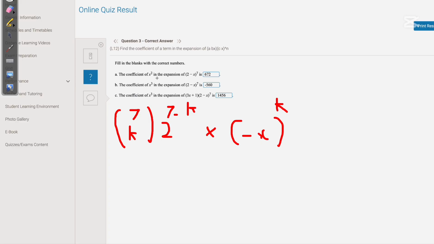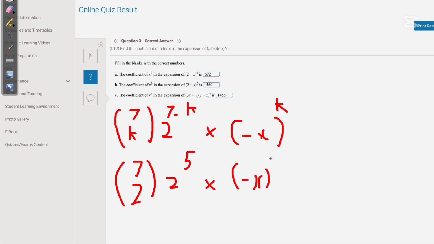Since they want the power of x to be 2, x squared, k is 2. So 7C2, 2 to the power of 5, we just substitute k by 2, times negative x squared.